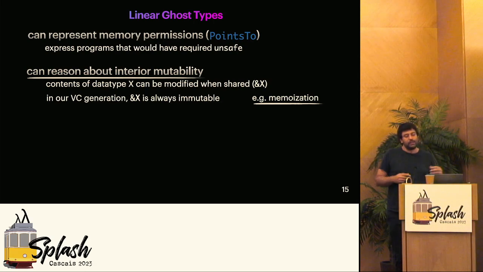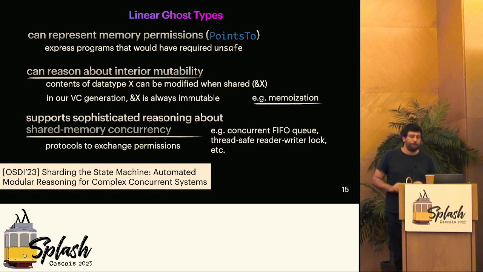They can reason about interior mutability, for example, and this is a situation in Rust where the contents of a certain data type X can be modified when we only have a shared reference to it. And this is complicated by the fact that in our VC generation, for efficiency, an immutable reference is always treated as immutable. Linear ghost types, with the techniques that we've seen so far, also help us deal with that. And there are other techniques that we can employ to implement things like memoization behind an immutable reference. And more details about this are in the paper.